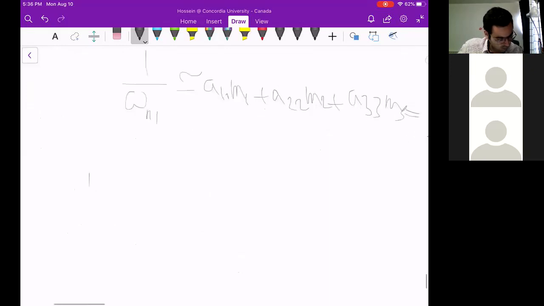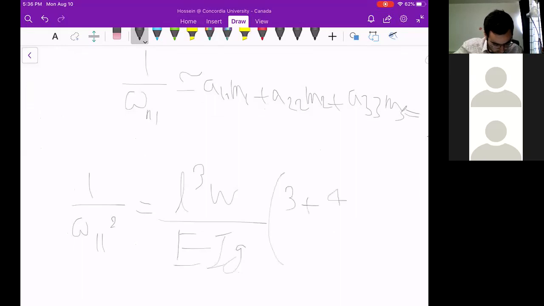Therefore, 1 over omega 1 squared, if I factor out L cube W over EIG, I have 3 plus 4 multiplied by 16 plus 6, over 256.